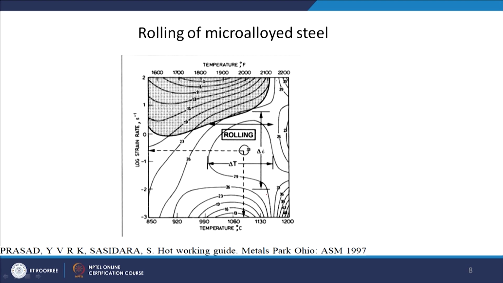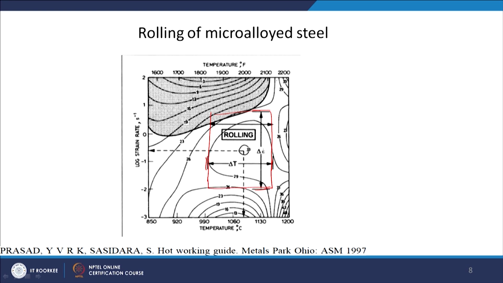You can look for high efficiency regions. Of course, again you have to look at the cost of any process. I cannot do it at a high temperature because the cost of heating the material will be involved. I cannot do it at a very low strain rate because then my productivity will be affected. So, you can see that a temperature range and a strain rate range are kind of defined for rolling.